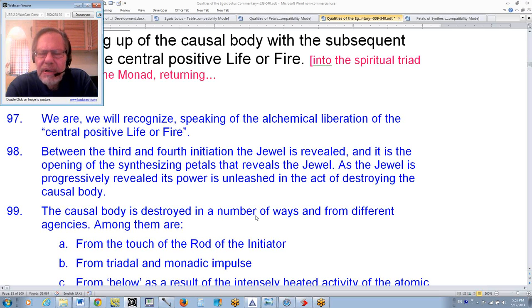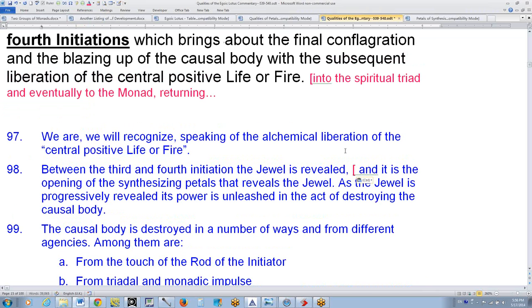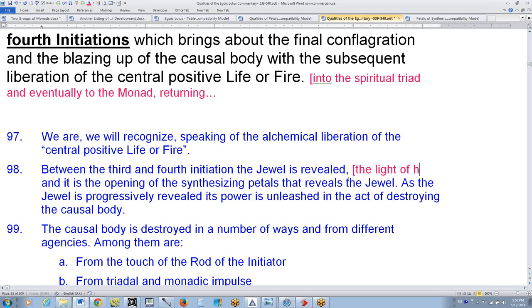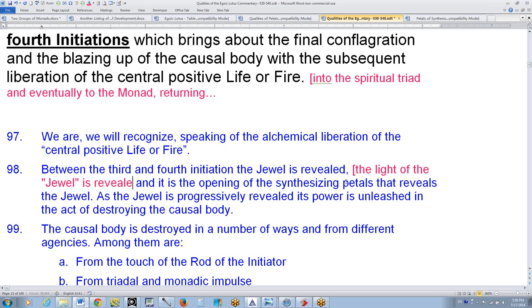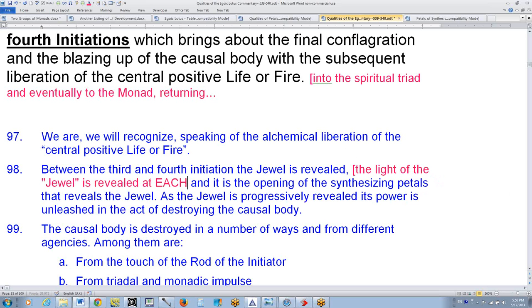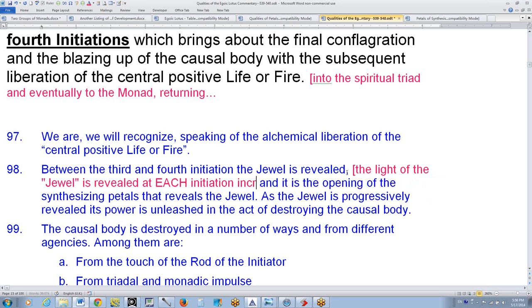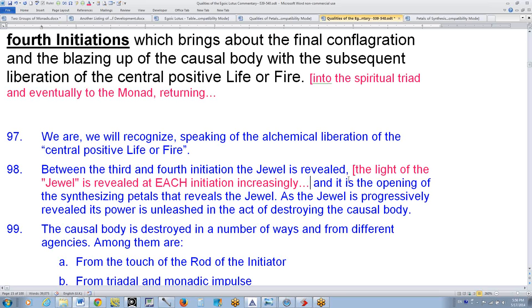I don't know what it means to be liberated into the triad before returning to the monad, but I know the references support that idea. Between the third and fourth initiations, the jewel is revealed, and it looks like the light of the jewel is revealed at each initiation increasingly. And it is the opening of the synthesizing petals that reveals the jewel.